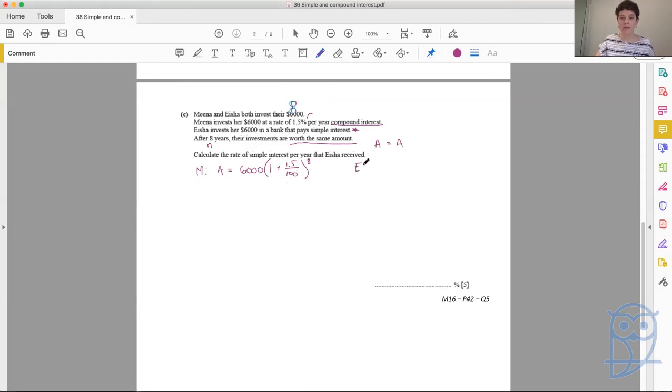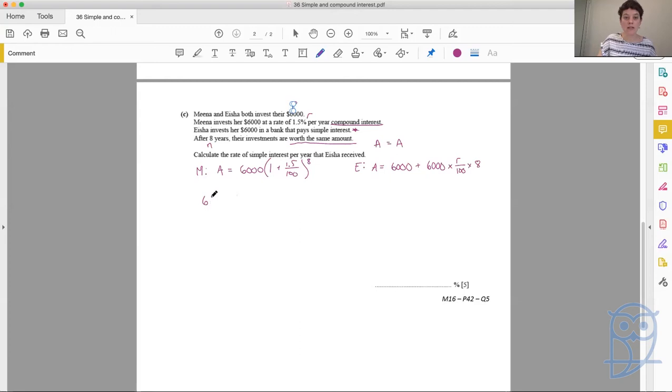Aisha is a little bit different. She's got simple interest. So if we want A, we have to add the principal. So 6,000 plus, then we would have 6,000 times R over 100. We don't know what R is, so let's leave it. R over 100 times N, so times 8. But we now know that the A's are the same.